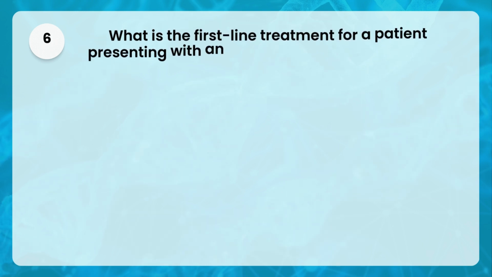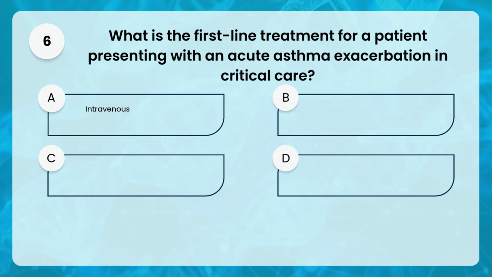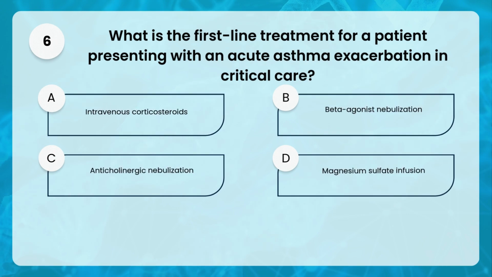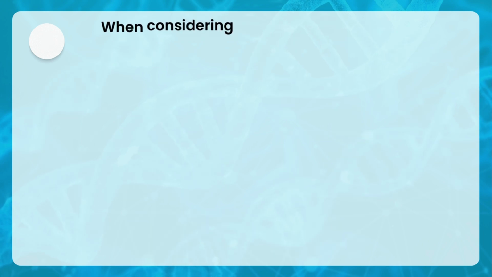Number 6. What is the first-line treatment for a patient presenting with an acute asthma exacerbation in critical care? A. Intravenous corticosteroids. B. Beta-agonist nebulization. C. Anticholinergic nebulization. D. Magnesium sulfate infusion. The answer is B. Beta-agonist nebulization. Number 7.